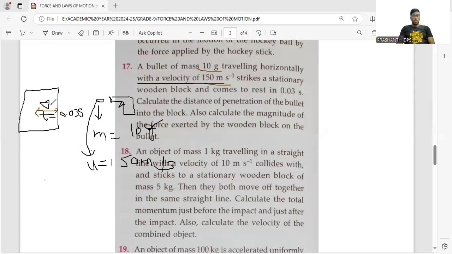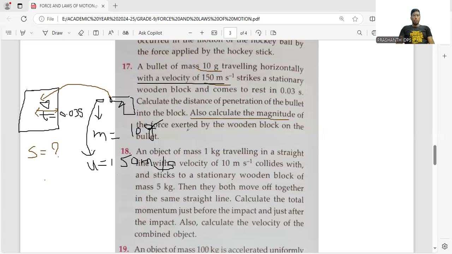So we need to calculate the distance, S is equal to question mark. Not the distance from the gun to the bullet, but the distance the bullet penetrated into the block. That is very important.